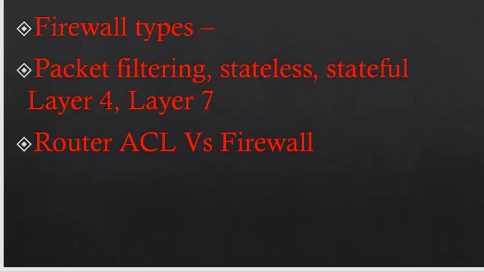The next level of firewall is stateless and stateful. Stateless is where the firewall cannot maintain the states of the connection. A connection is the communication starting from the source to the destination. Any device in the path that maintains states means that once the communication is allowed, it will maintain the state.